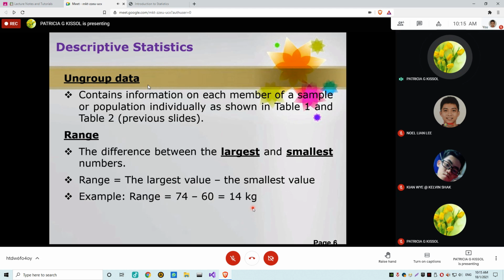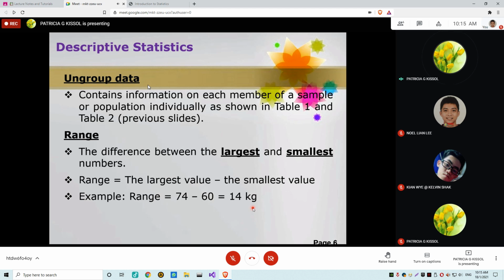So an example, it can be used in a vegetable shop, for example. The range of selling the vegetables is from the highest, say 70 kilograms, and the lowest is 50 kilograms. So the range is 20 because 70 minus 50, you get 20.